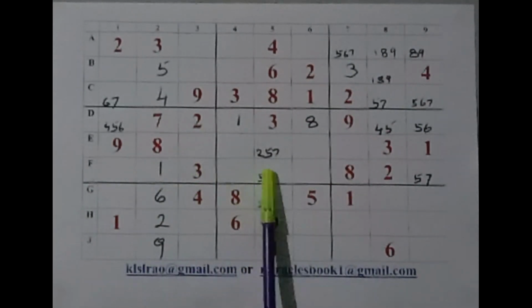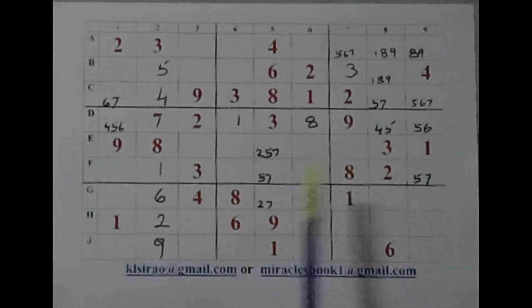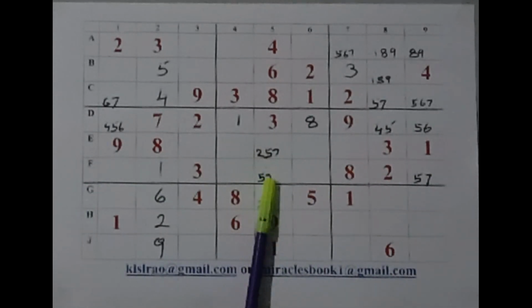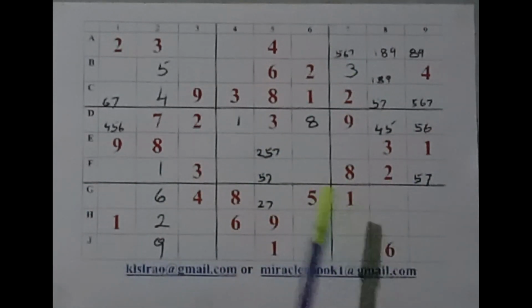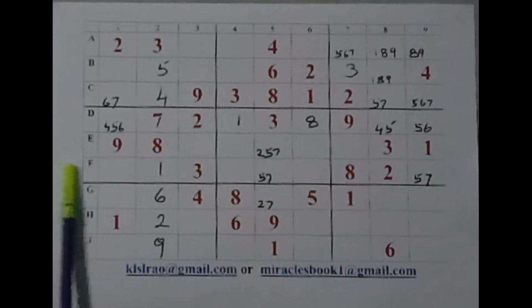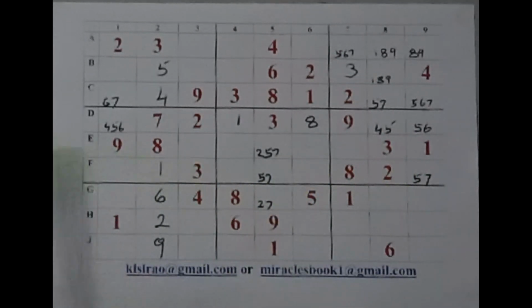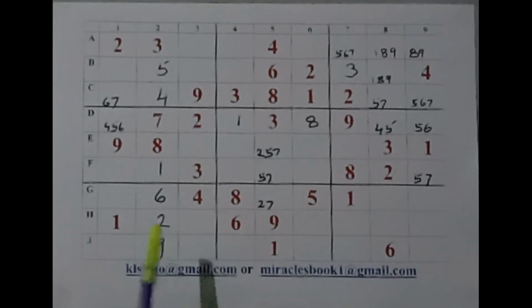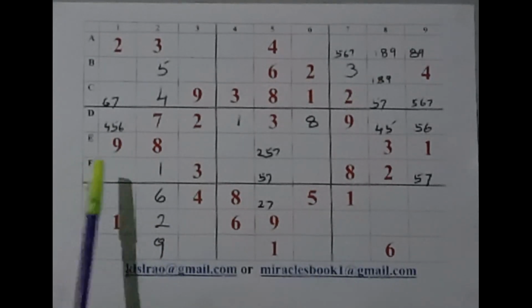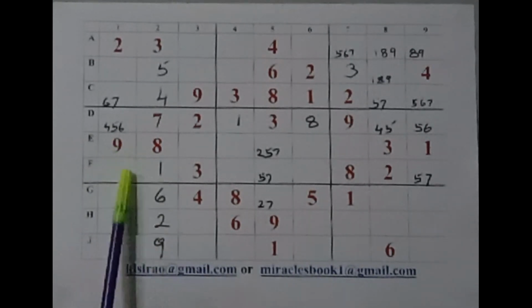We have made a pair of 5 and 7 in row F. 5 and 7 here and 5 and 7 here. That means these 2 numbers need not be repeated anywhere else in row F. Okay. Now, let's have a look at this cell.